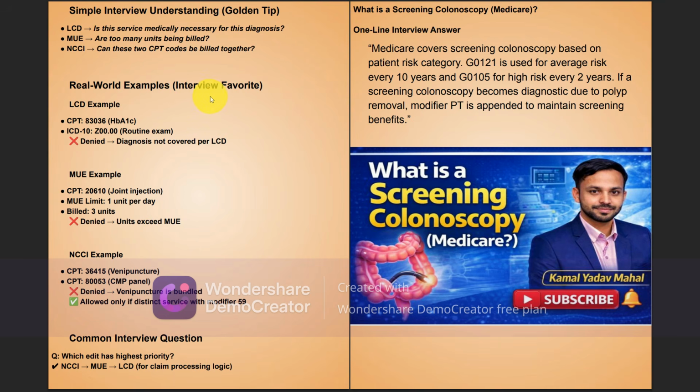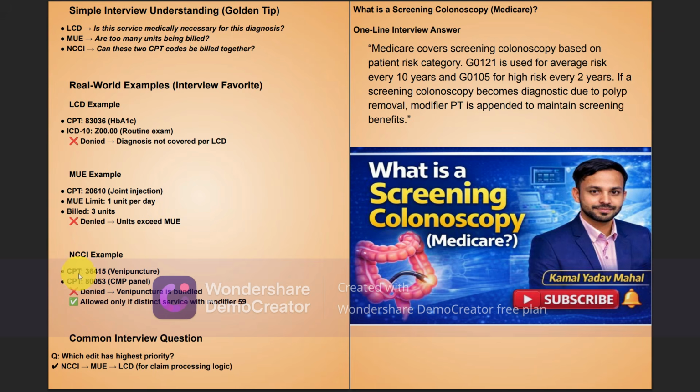Real world examples for the favorites, we can give. LCD example here: CPT code 83036 HbA1c, ICD code Z00 routine exam, denied, diagnosis is not covered as per LCD list. MUE: CPT 20610 joint injection, MUE limit is 1 unit per day, billed with 3 units, denied, units exceed due to MUE.